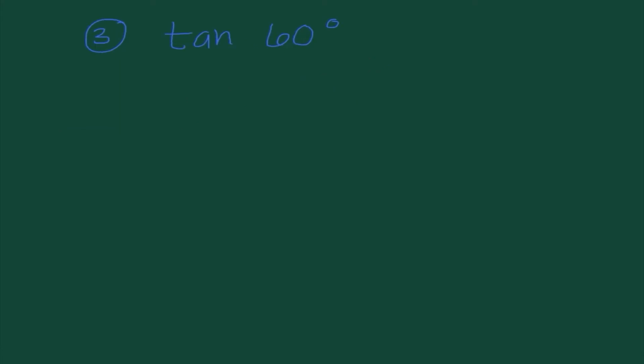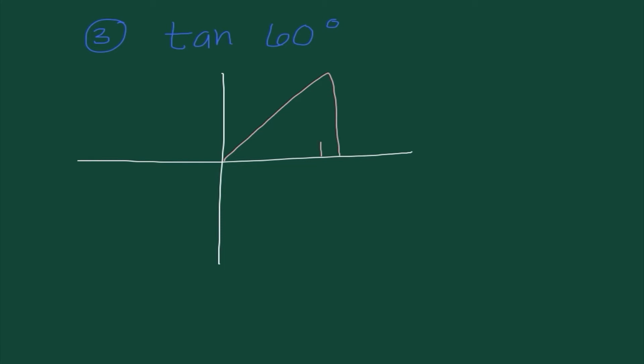Number 3 is another pretty easy one here, tangent of 60 degrees. So once again, I know 60 degrees is in quadrant 1, so I'm going to draw an angle in quadrant 1. And it really does not matter if my triangle is to scale. Okay, I just need to be able to draw it in the correct quadrant. I know that means this is 60 degrees, which means my other angle is 30.